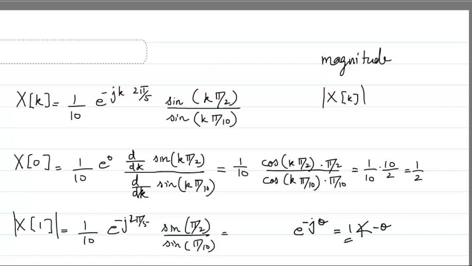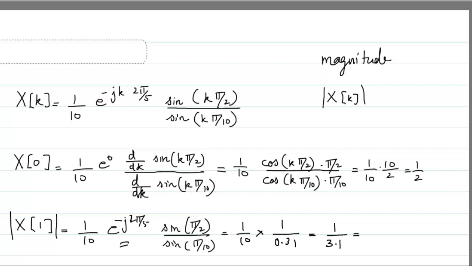So the magnitude of x of 1 will be 1 divided by 10 into 1 divided by what we got previously, 0.31, which becomes 1 divided by 3.1, which comes out to be 0.32.